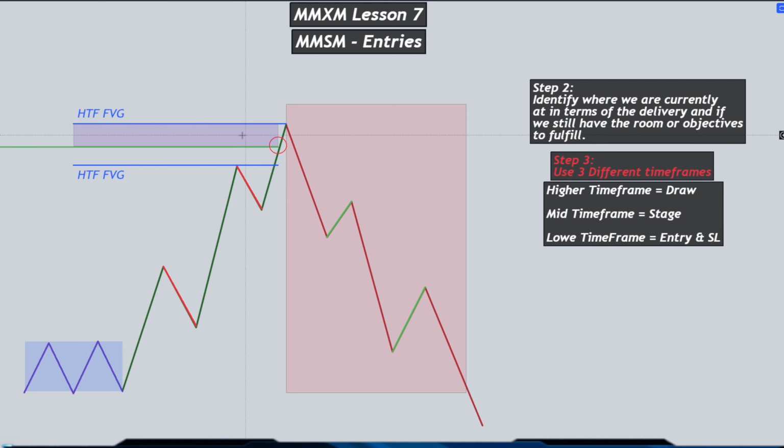So the first entry, which is the most aggressive entry as well, again that depends on your own preference and your own comfort zone, how comfortable you are in terms of taking the entries.